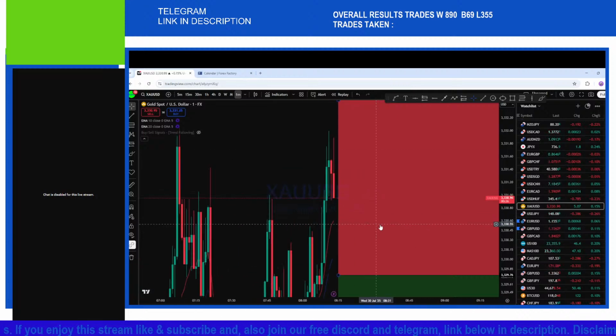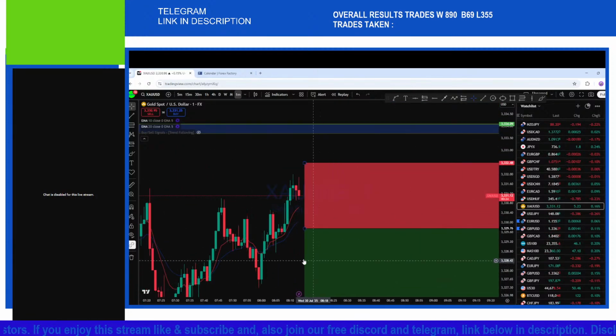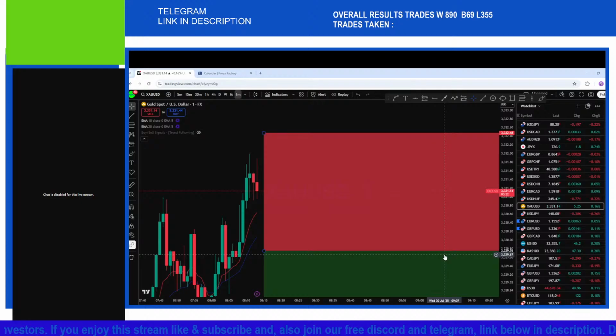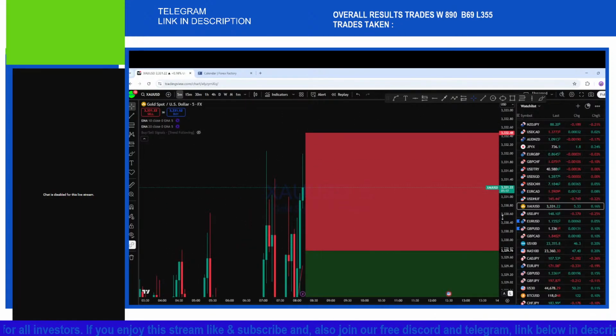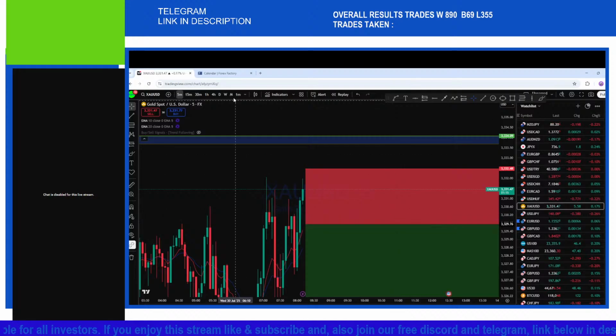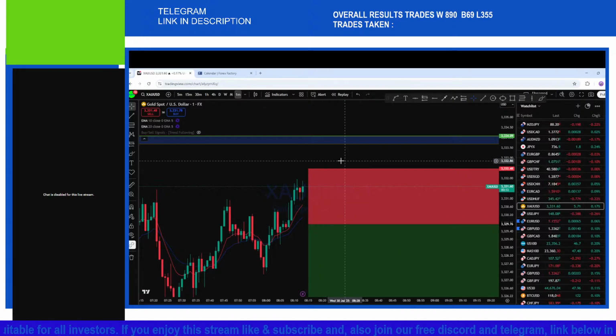Okay, so 1 minute, another bearish engulfer. This market is now prepared to break the low or further bounce here.